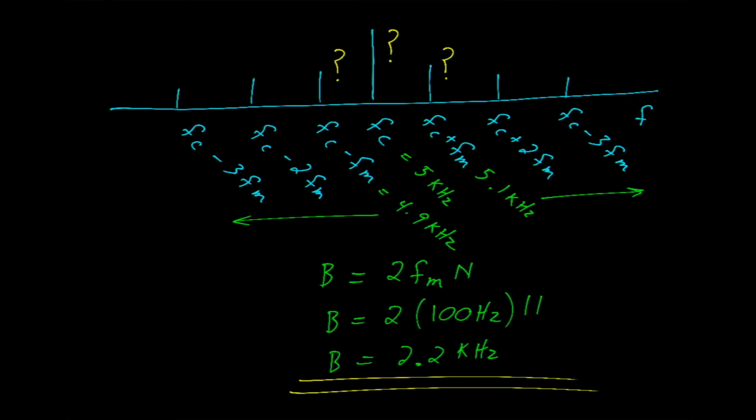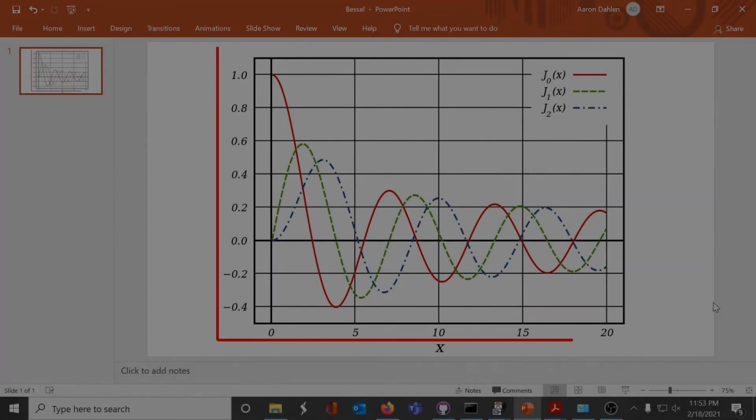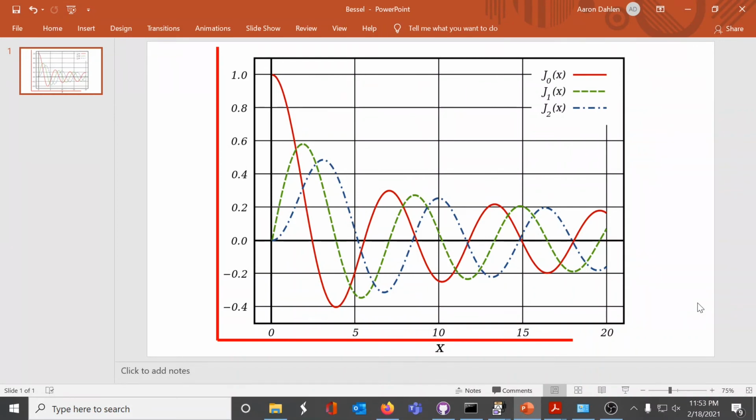This might look like an impossible problem, but if you know the modulation index, you can consult a table of Bessel functions, which will tell you exactly what these relative amplitudes are. This is a graph of those Bessel functions. On the horizontal axis is the modulation index. On the vertical axis is the relative amplitude of the carrier and sideband pairs.